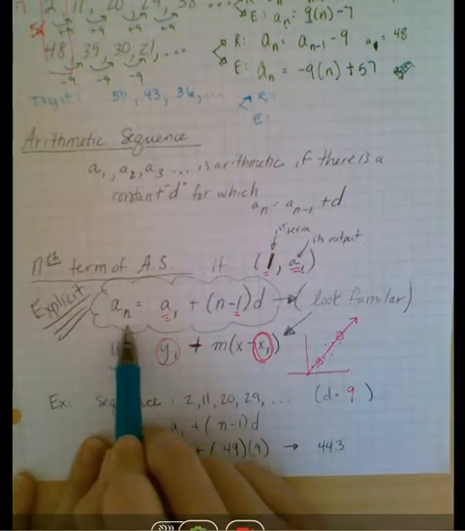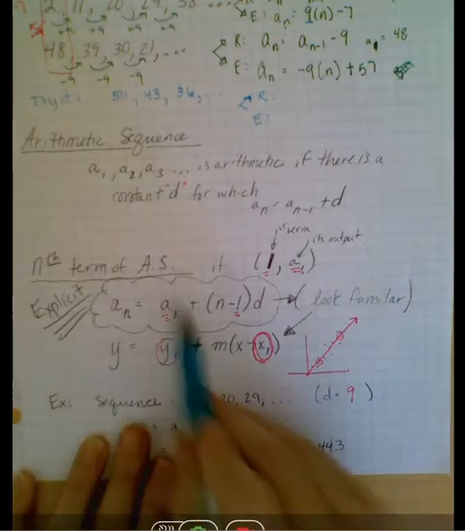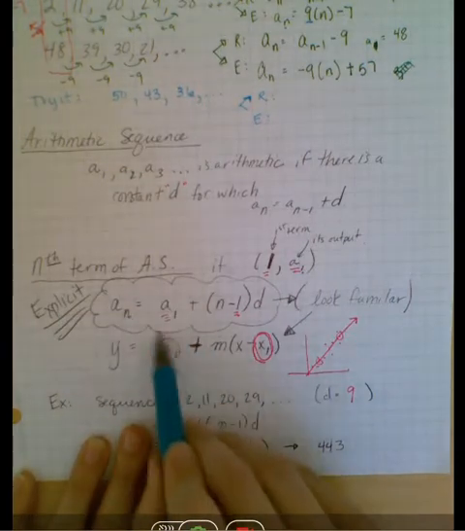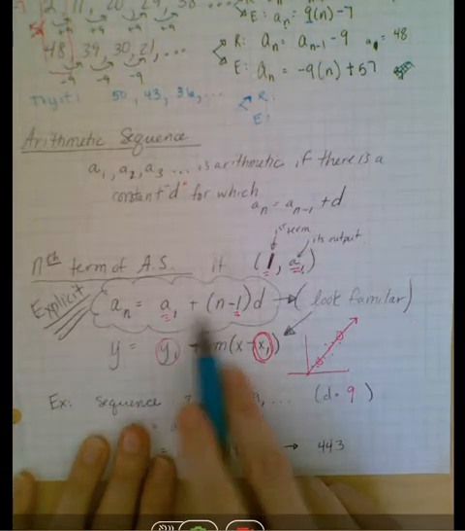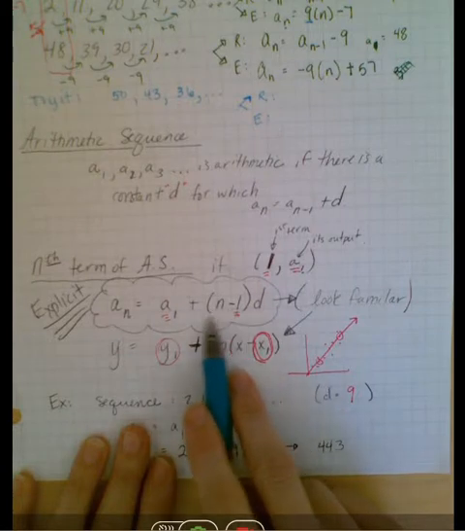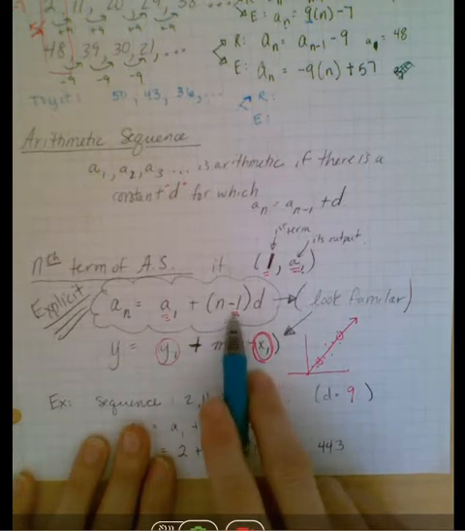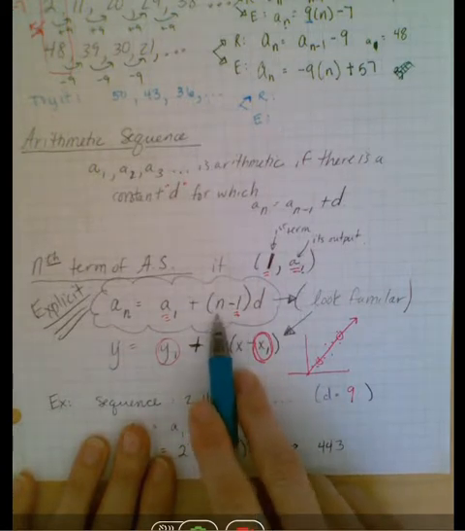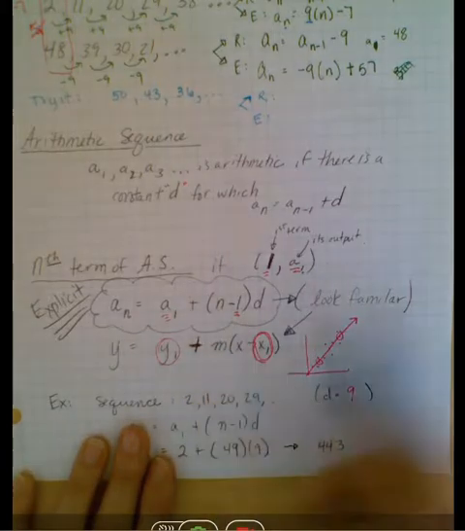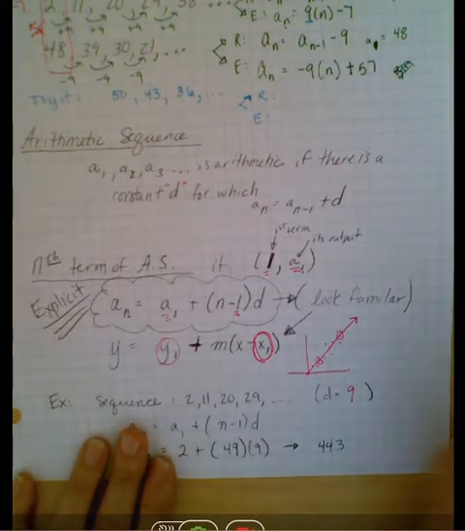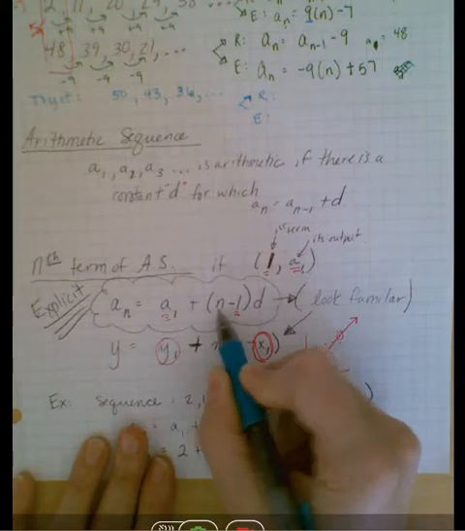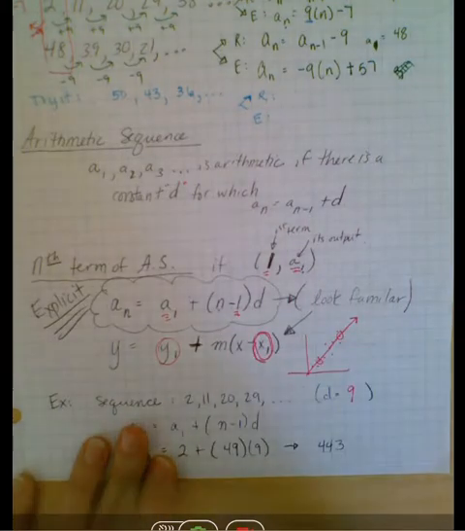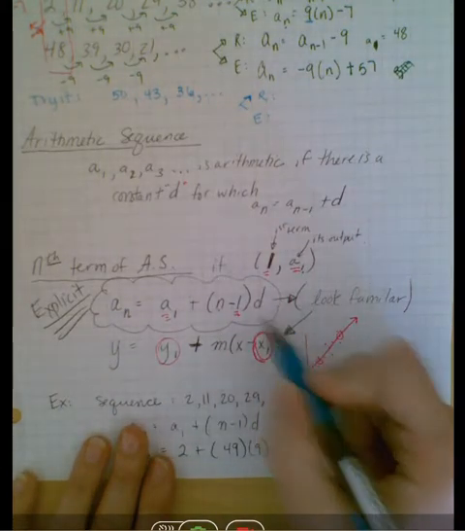My output, a sub n, of my nth term is equal to a sub 1, my first term, plus n minus 1, the placement of the number I'm looking for, minus 1. So if I was looking for the 20th term, for instance, I would put in 20, and then I would take 1 away from it, times d, our common difference.